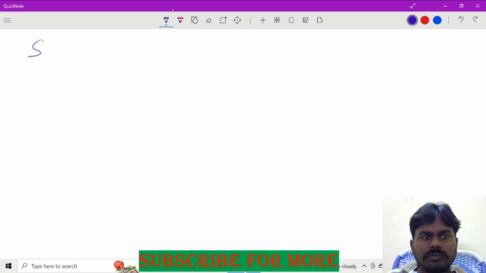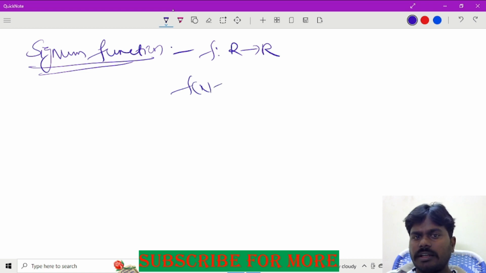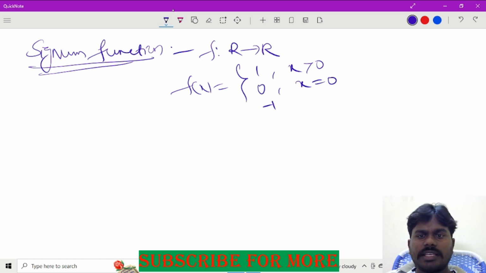Next, signum function. Okay. So signum function means here f is any function from R to R, and the signum function is defined as f of x equals 1 when x is greater than 0, 0 when x is equal to 0, and minus 1 when x is less than 0.